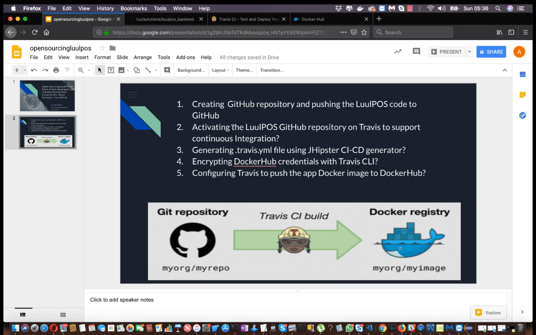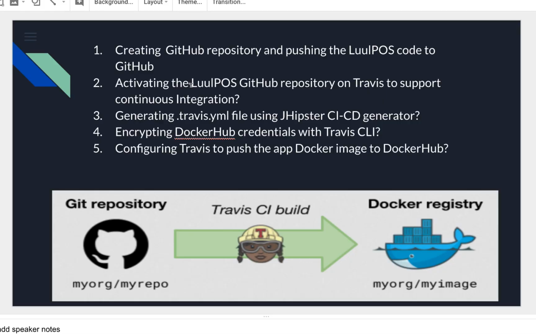The next step says activating the LuulPOS GitHub repository on Travis to support continuous integration. But before we complete step 2, let's skip to step 3 and generate this .travis.yml file using JHipster's CI-CD subgenerator.